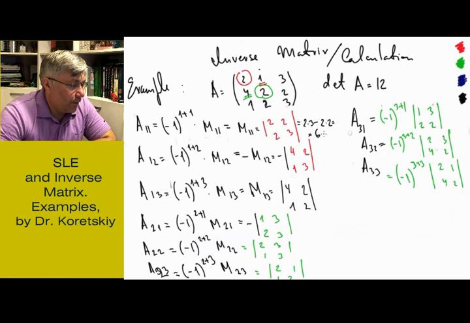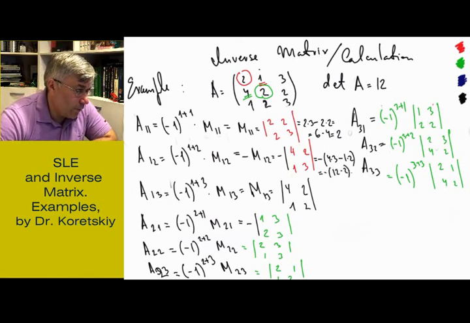Here we have minus 4 times 3 minus 1 times 2, and we have here consequently minus 12 minus 2 equal minus 10.